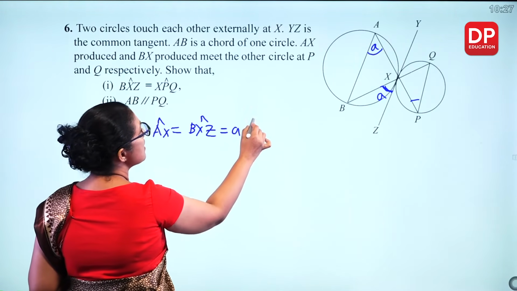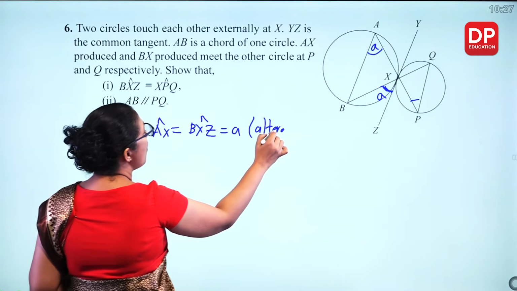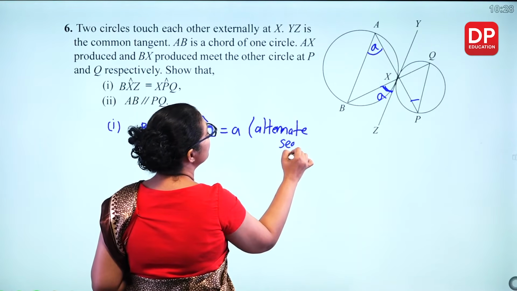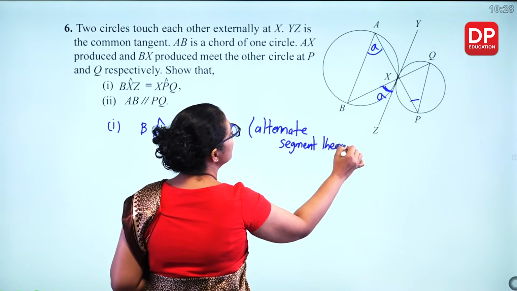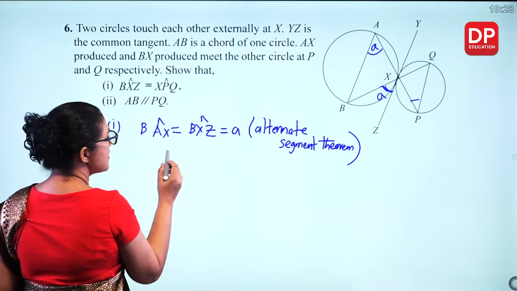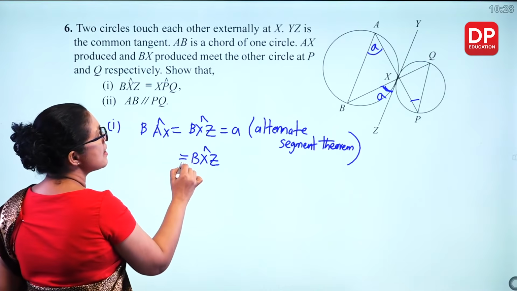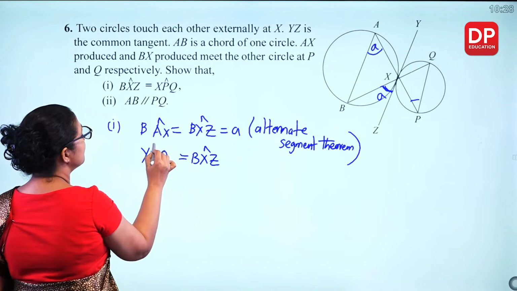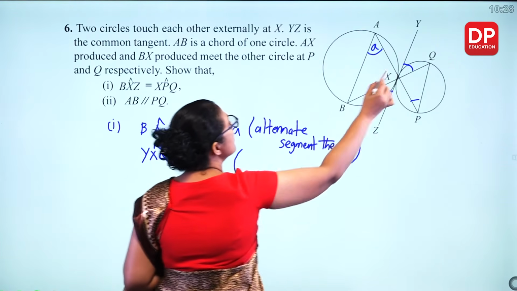That's A, alternate segment theorem. BXZ is same as YXQ. Opposite angles. This angle is equal to this angle. That's A.